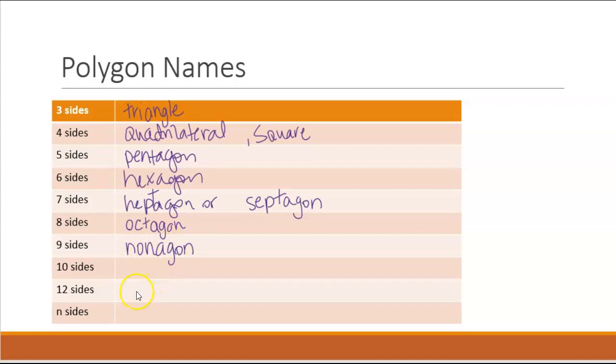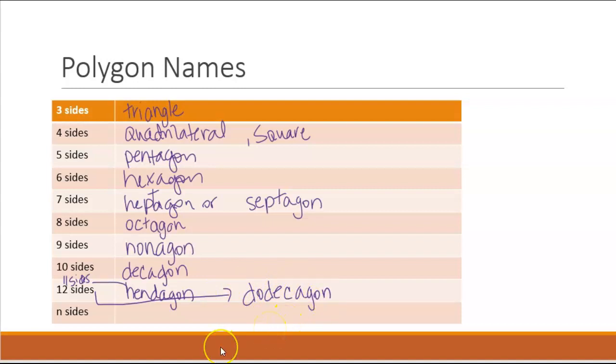They're getting kind of funny. A 10-sided shape is a decagon. An 11-sided shape is a hendecagon. Oops, 11 sides. Gotta add that in there, you guys. And the 12-sided shape is a dodecagon.